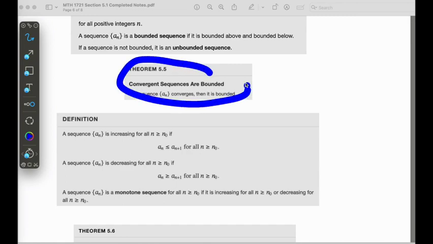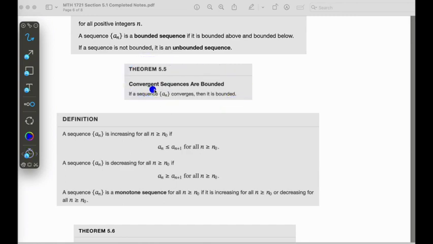We also have another theorem where convergent sequences are bounded. That doesn't necessarily mean the converse is true. This just means if the sequence is convergent, then it must be bounded. However, the converse isn't true: if the sequence is bounded, that doesn't mean it's convergent.